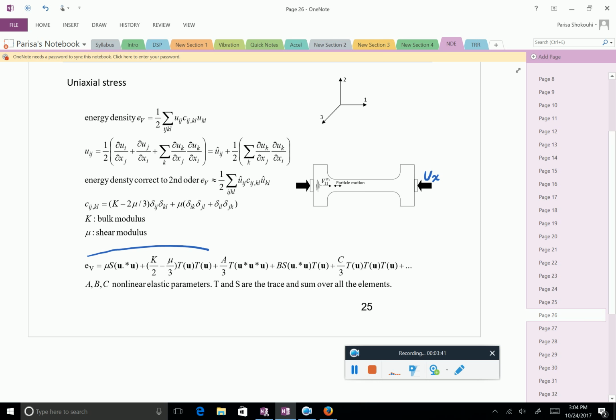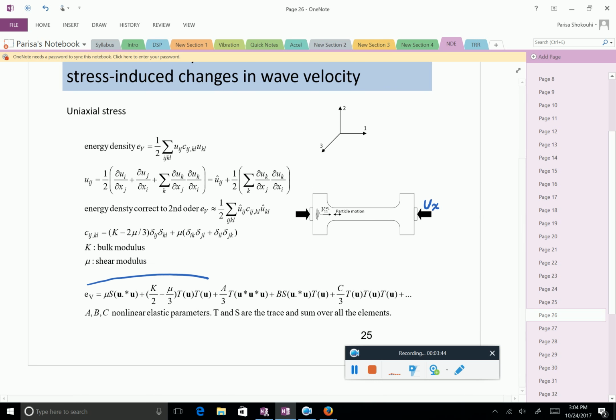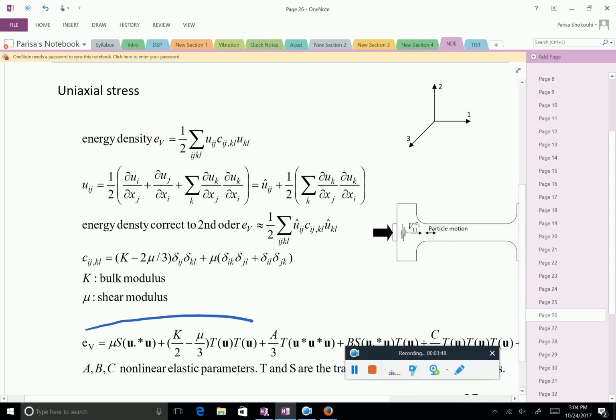Okay, so maybe I need to back off a little bit to explain this a little more. So energy density, E sub V, is the energy per unit volume. So if you want to think about a simple linear elastic case, then you have sigma epsilon, and let's say it's completely linear.